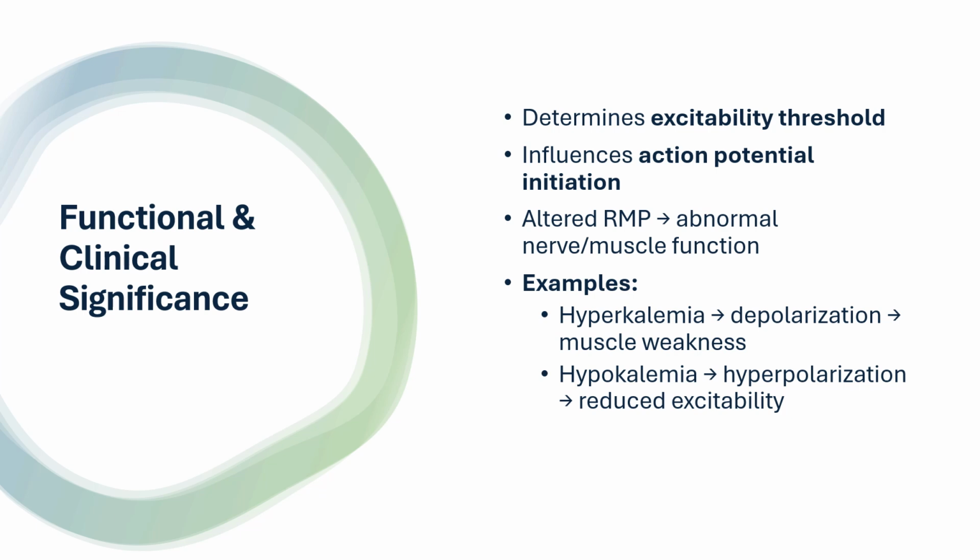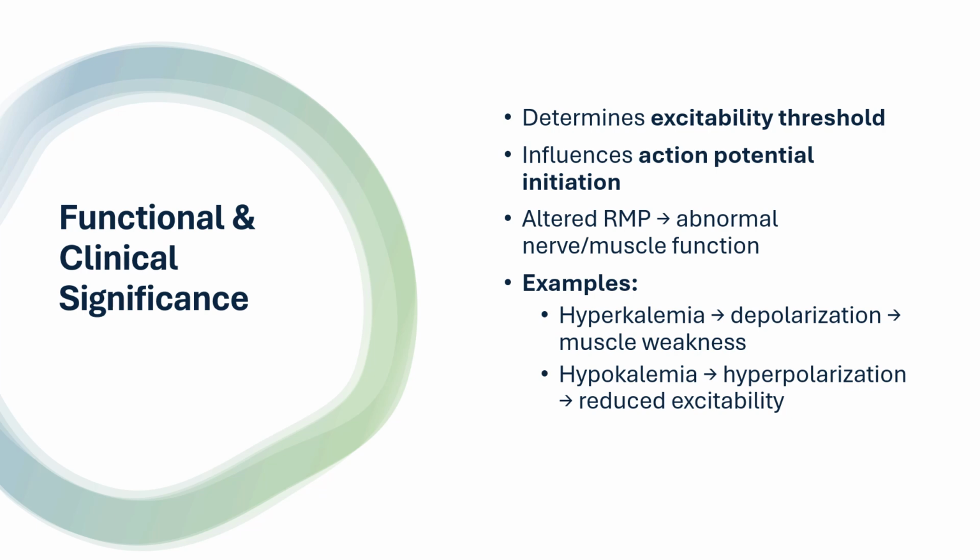In hyperkalemia, where extracellular potassium levels rise, the RMP becomes less negative. The cell is partially depolarized. This brings the membrane closer to its threshold, but paradoxically, prolonged depolarization inactivates sodium channels, leading to muscle weakness and reduced responsiveness.